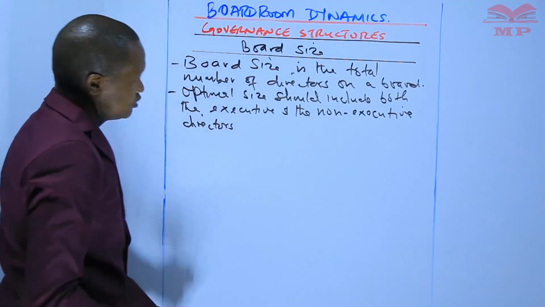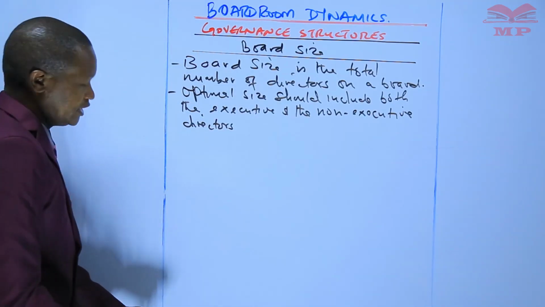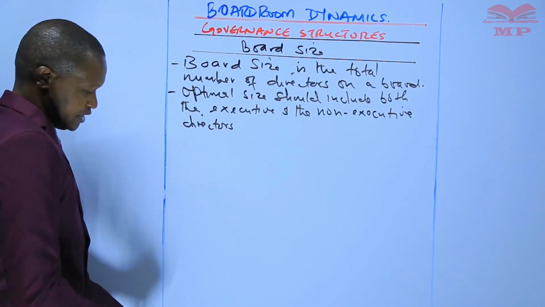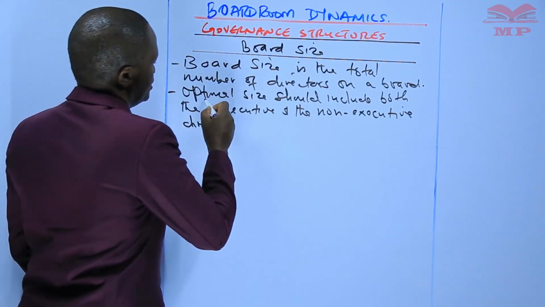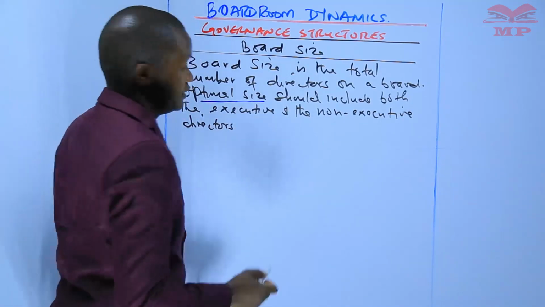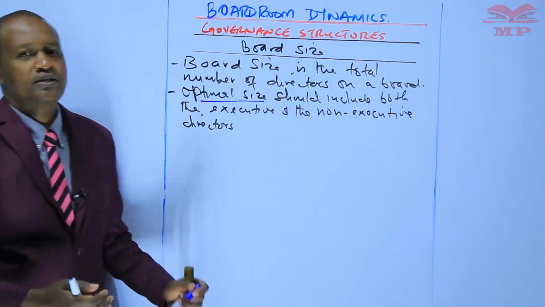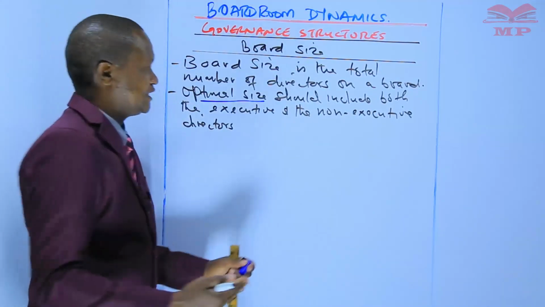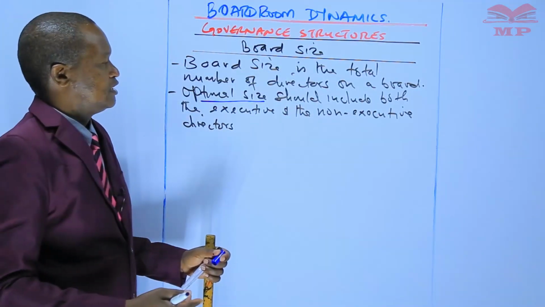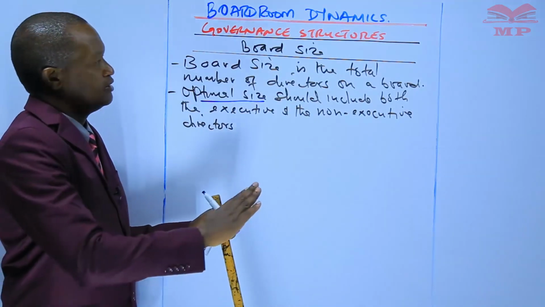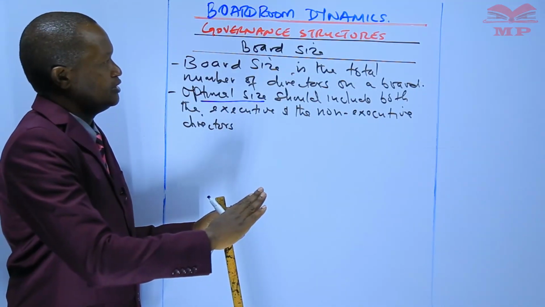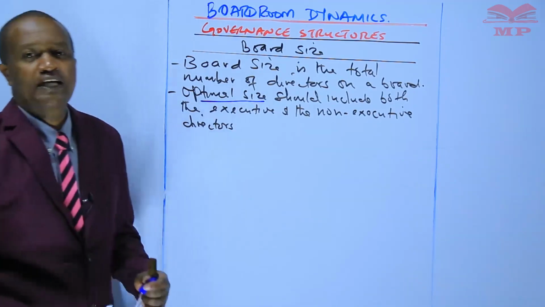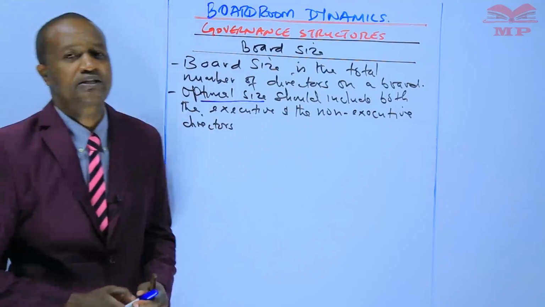The optimal size is the size that enables the board to meet its objectives. All right? The optimality is reached when the board members include both executive and non-executive directors.